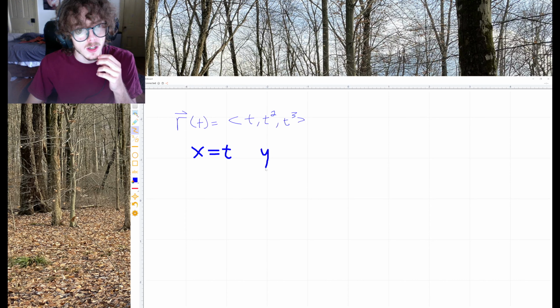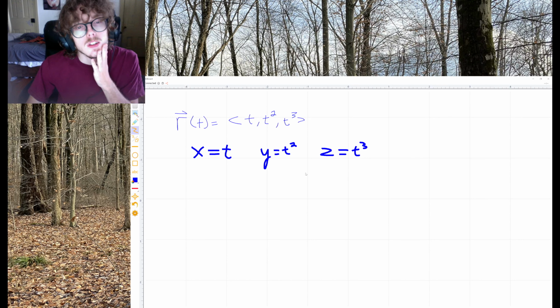So y is going to be the square of t, and z is going to equal t to the third. Notice here none of the values can be negative, so t must be greater than or equal to 0.